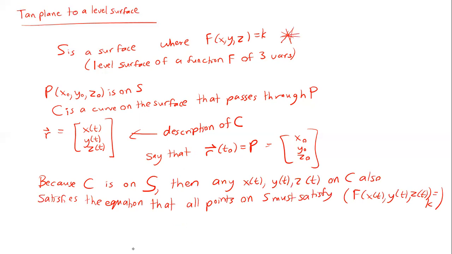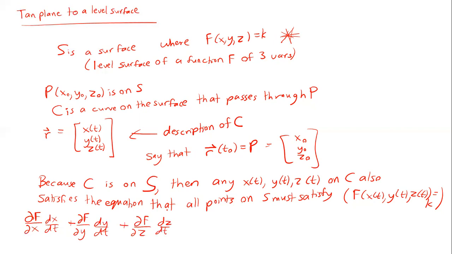So then we can use our chain rule over here and say, okay, well, if the x, y, and z are differentiable functions of t, then this f is also differentiable. So I'm going to say that the derivative of f with respect to t is df over dx, dx over dt, plus df over dy, dy over dt, plus df over dz, dz over dt.